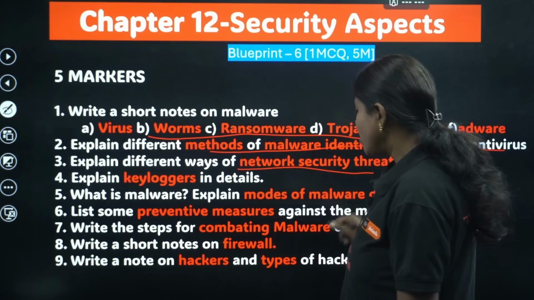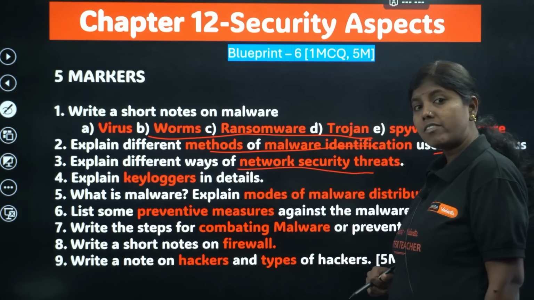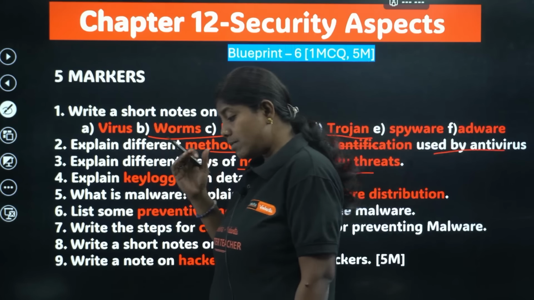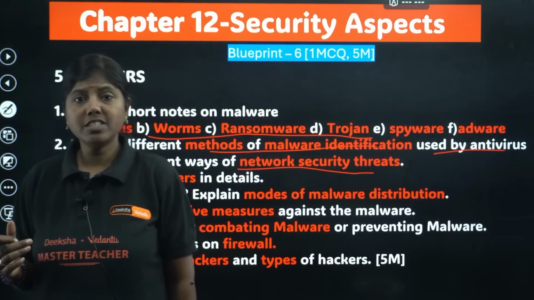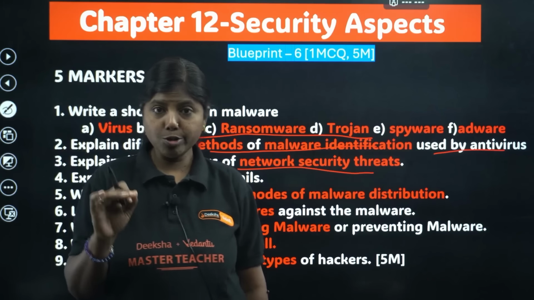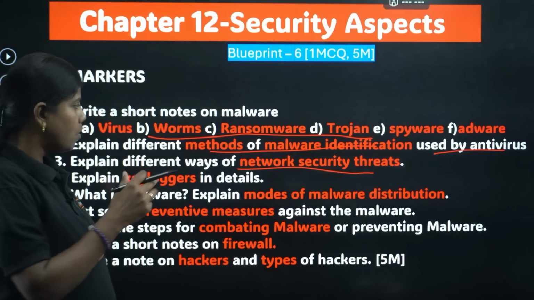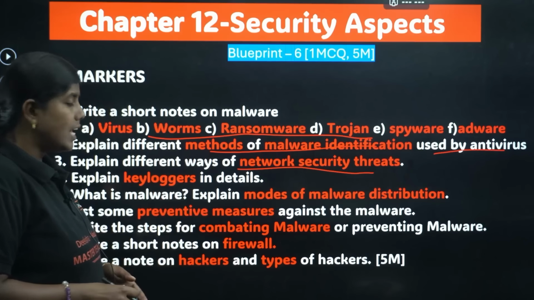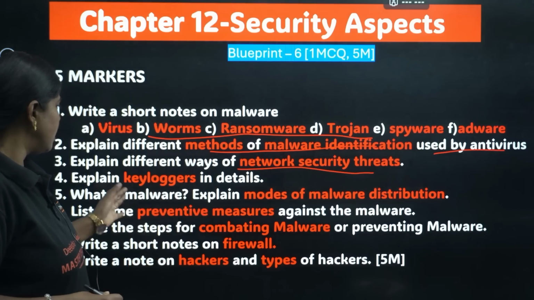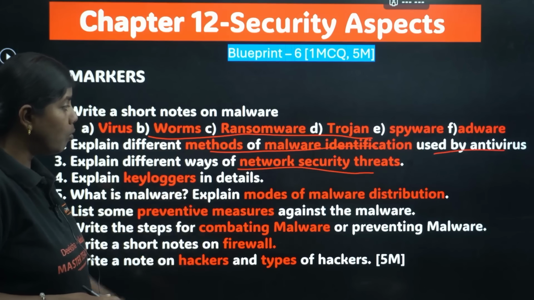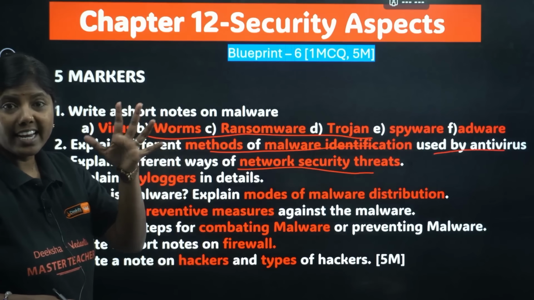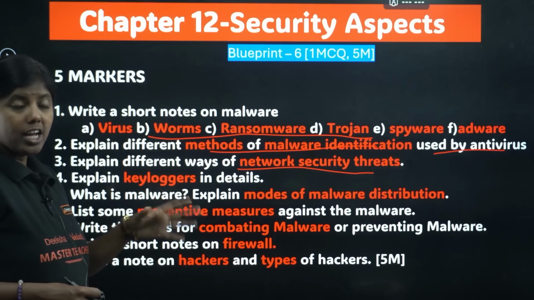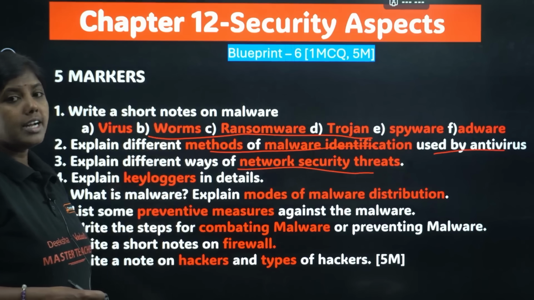Different network security threats: denial of service, DDoS, intrusion. Those points you need to write for security threats. Keyloggers you have to write. And then what is malware? Modes of malware distribution, you need to write headings. One important heading: it can be downloaded from the internet.